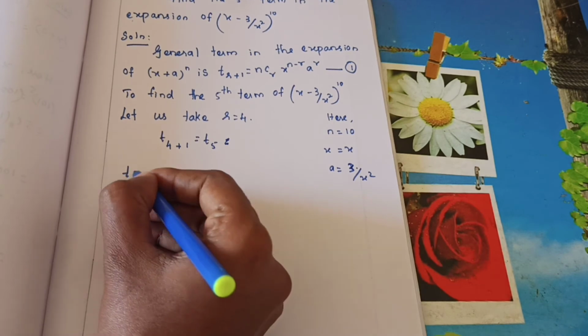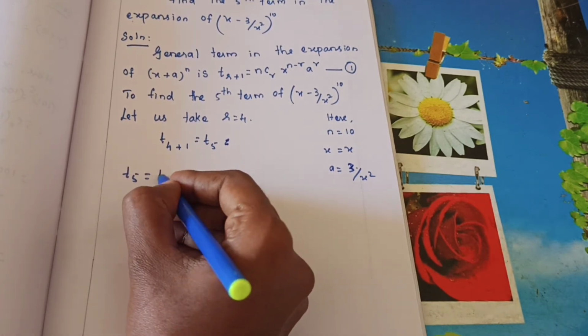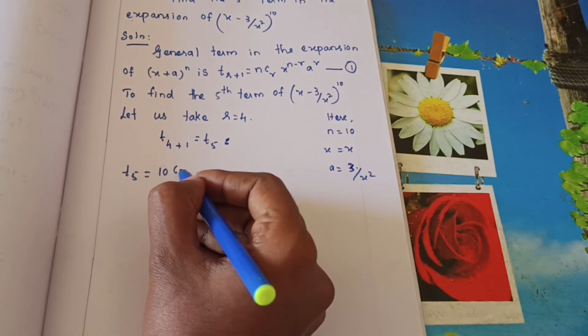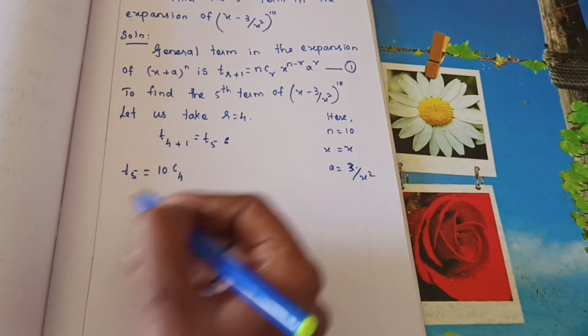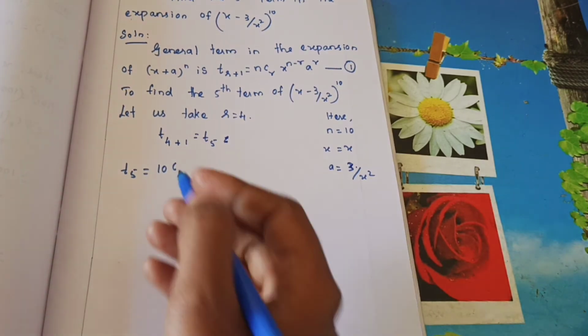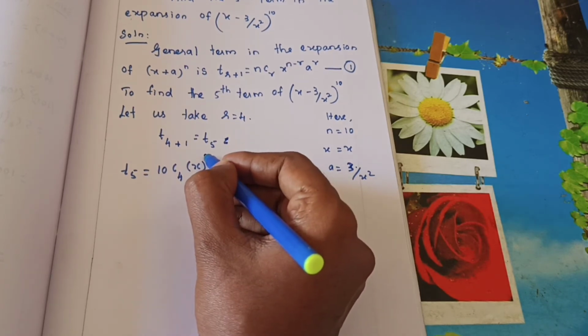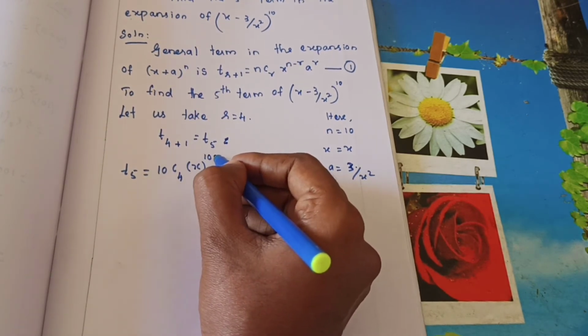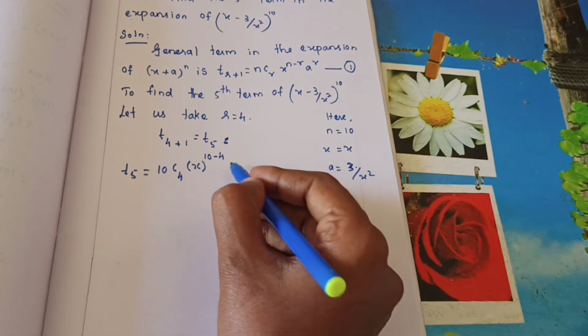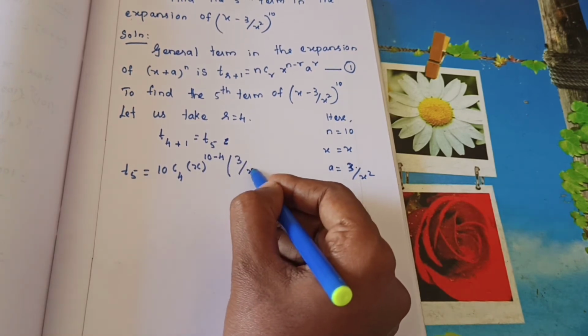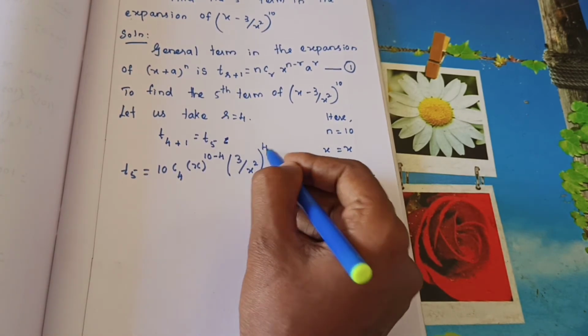So T5 is equal to nCr, that is 10C, and what r value have you chosen? So 10C4. X value is x to the power n minus r, so n value is 10, 10 minus 4. A power r, a value 3 by x square, the whole power 4.